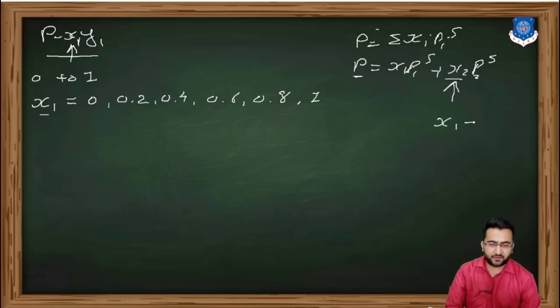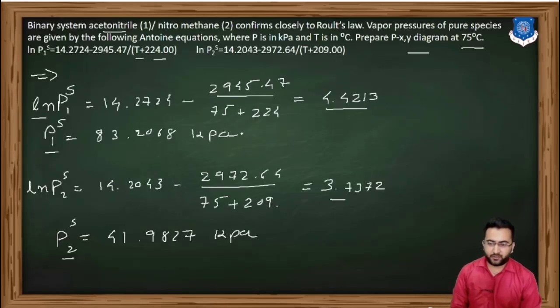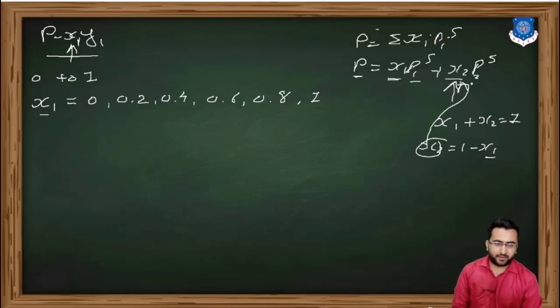We know that x1 plus x2 is equal to 1, so x2 is 1 minus x1. Putting the value of x1 in this equation, we will get the value of x2. We have already assumed the value of x1, and we have already found the values of P1 and P2. So using all these values in this equation, we can calculate the pressure for that particular x1.